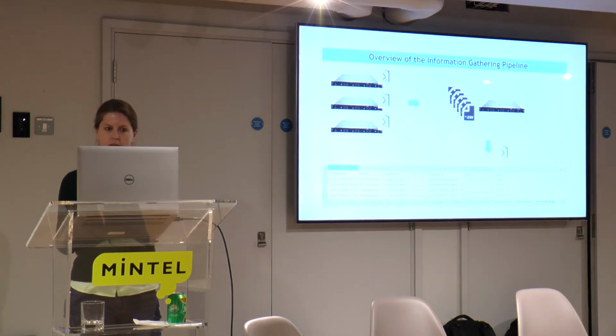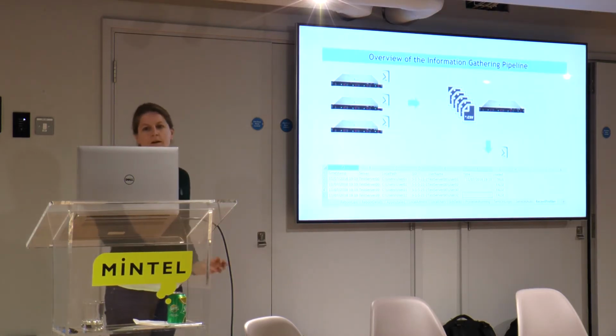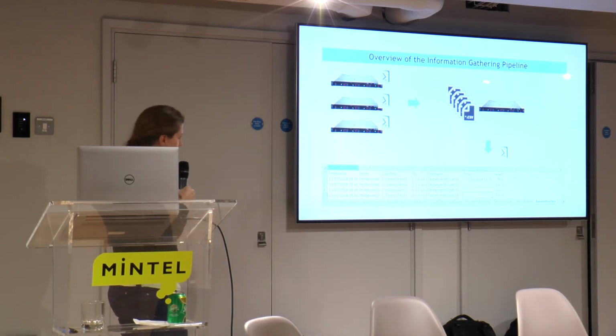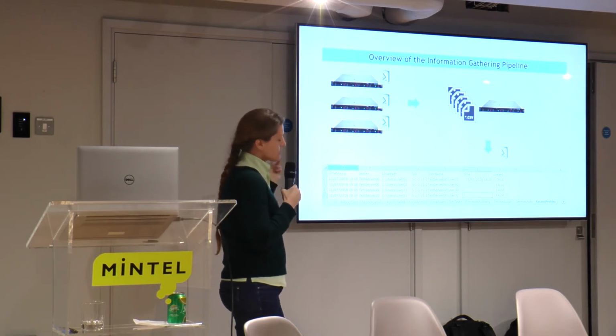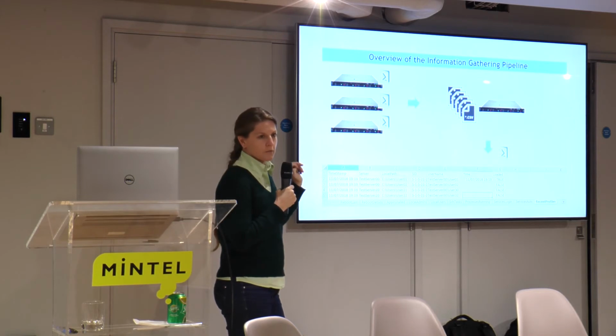And then the overall information gathering pipeline: I use Bladelogic. The Bladelogic agent runs a PowerShell script on the servers, which is brilliant because I didn't have to configure any remote access, which is a real problem with PowerShell.